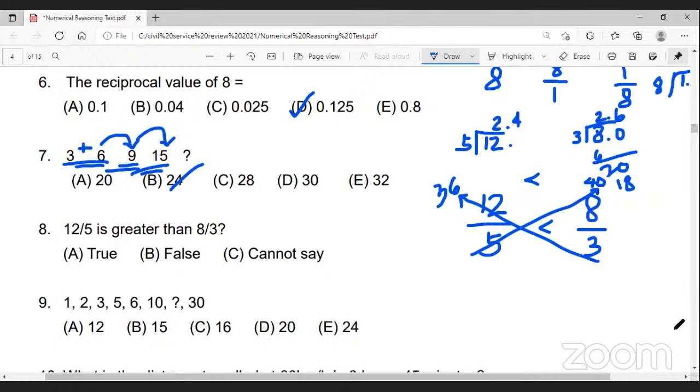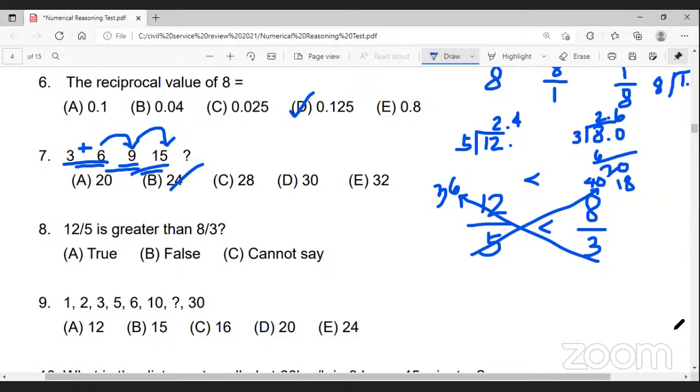Are you looking for the pattern? What is the missing term there?